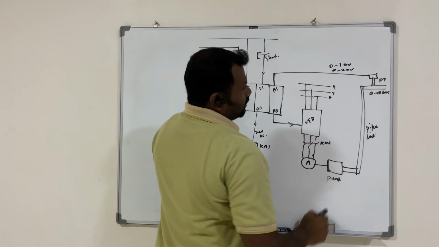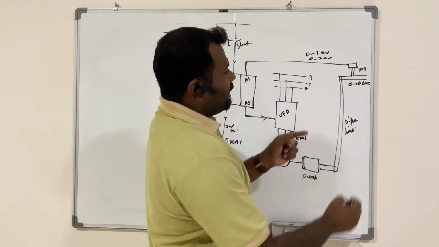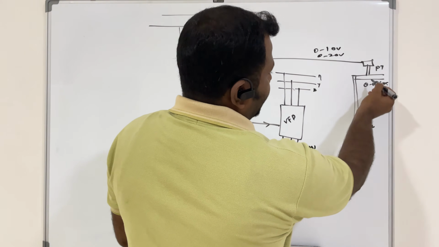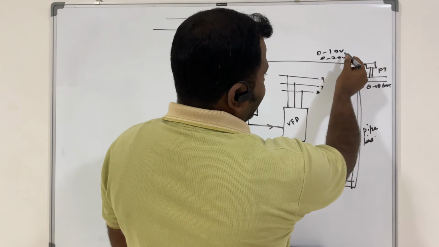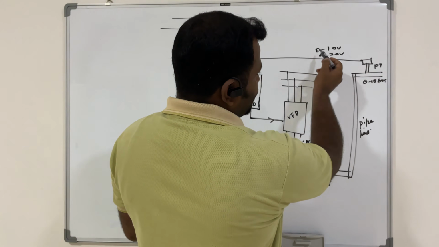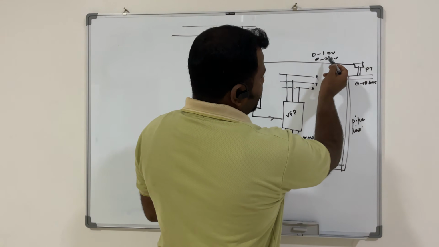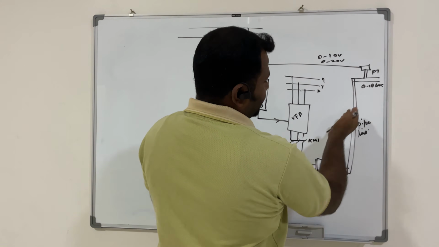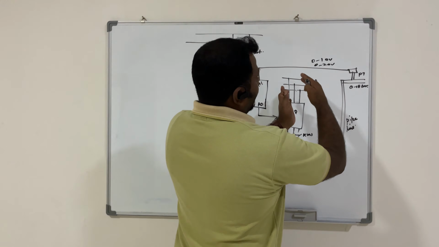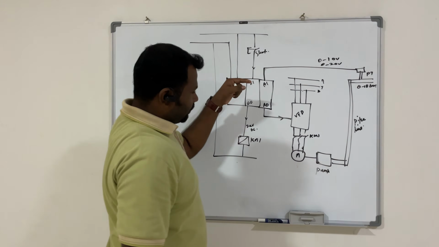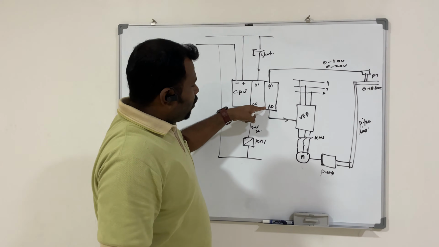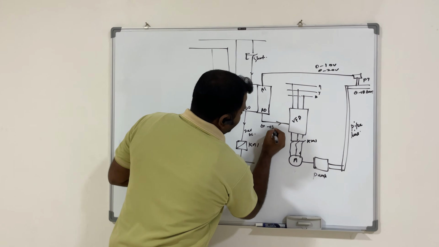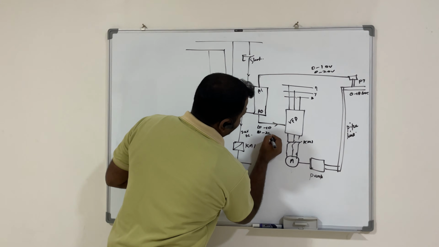For example, if this pressure transducer is sensing 0 to 10 bar, it will be converted to 0 to 10 volt. 0 bar means 0 volt, 10 bar means 10 volt. That means if there is a pressure variation, the same pressure is converted to the voltage unit. The same goes for analog output, which will be 0 to 10 volt or 0 to 20 milliampere.